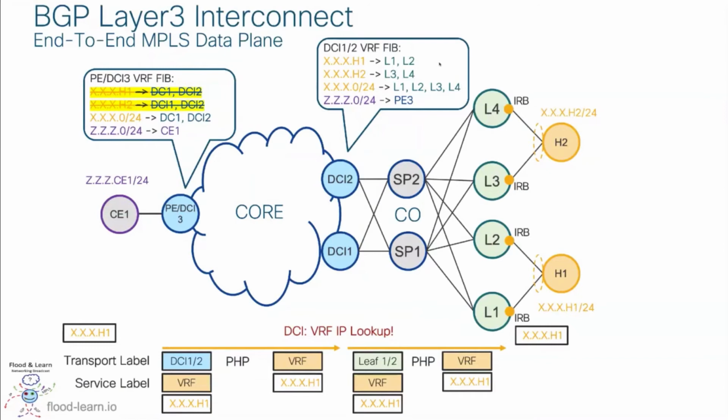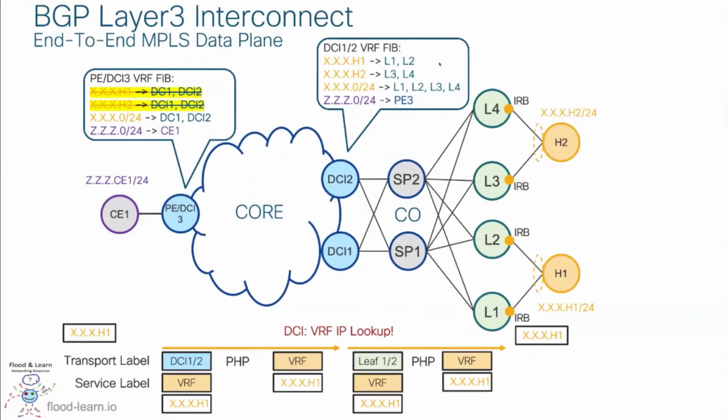So we know that we have to send the traffic to L1 or L2, so we will do the BGP multipath, and in this case we will choose L1 or L2, and we will again impose the transport label of L1, L2, the VRF label or service label for this particular prefix or particular VRF, and again the original IP packet.